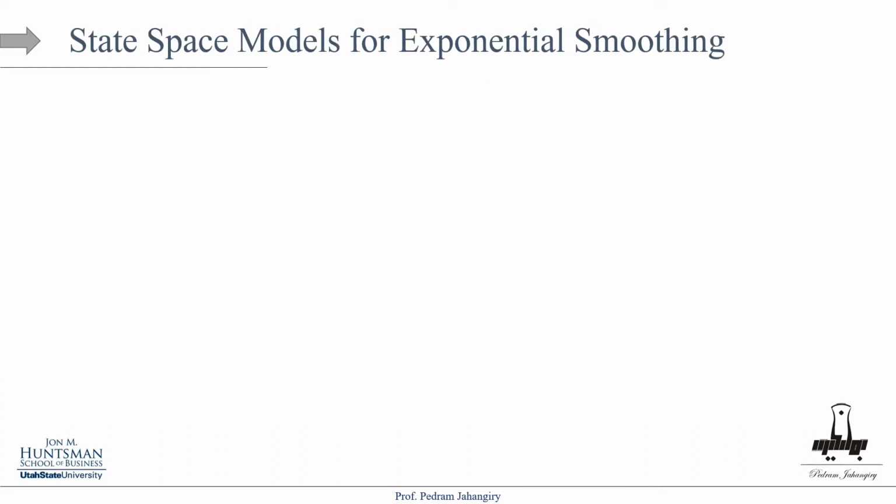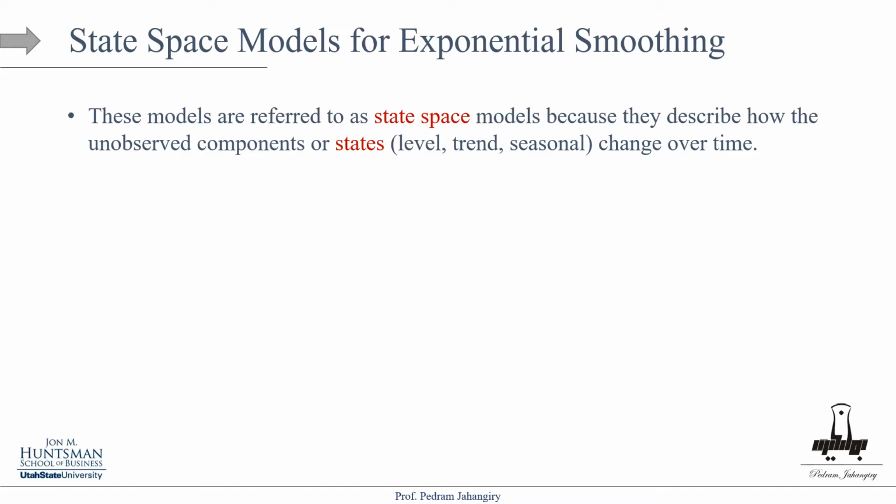Before we get into the details of the ETS models, let me clear out some terminology. Specifically, let's talk about state space models. So the ETS models, sometimes we refer to them as state space models simply because these are models that describe, let me actually use my pen, how the unobserved components, or we call them states, change over time, right?